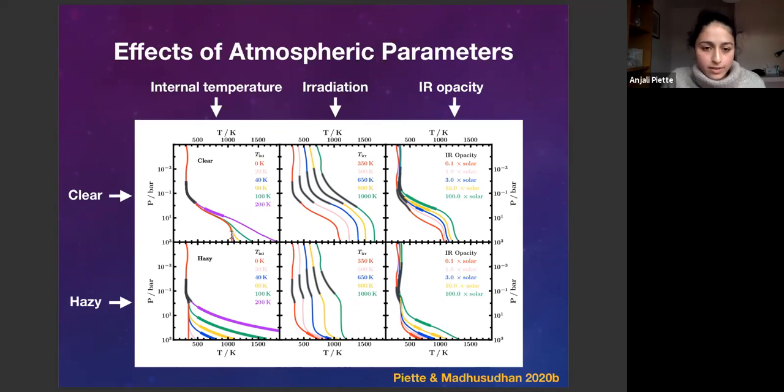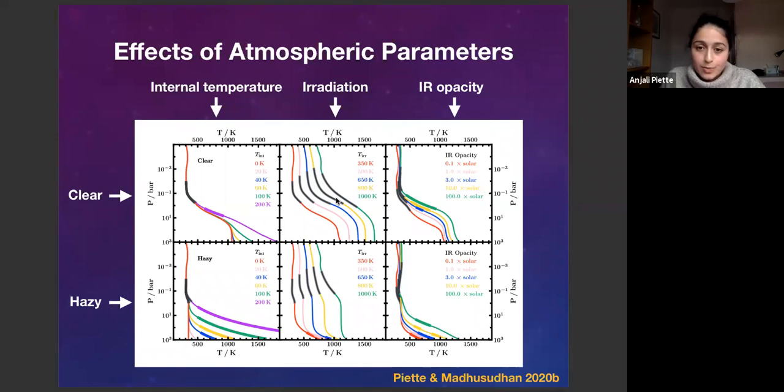As we can see, the internal temperature has a significant effect on the temperatures deeper in the atmosphere. But these darker gray bars are showing the photospheres for each model. And we can see that in this case, although the internal temperature is having a significant effect at higher pressures, it's not really affecting the photosphere. So it's going to be difficult to assess directly from the thermal emission from the day side.